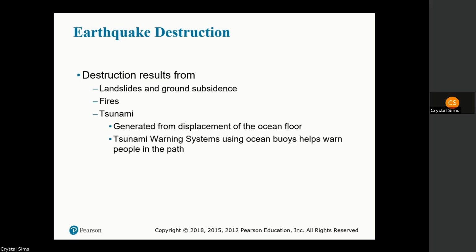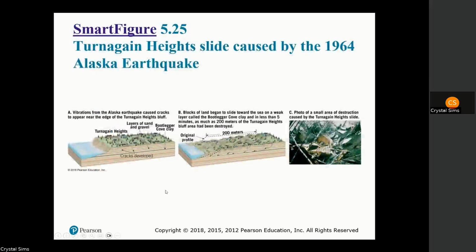Usually we have a megathrust fault that is going to lift up a slab of seafloor, and this starts out with a series of waves, and as it passes through water, the wave becomes bigger and bigger, and tsunamis can advance through the ocean at considerable speeds, like 500 miles an hour.